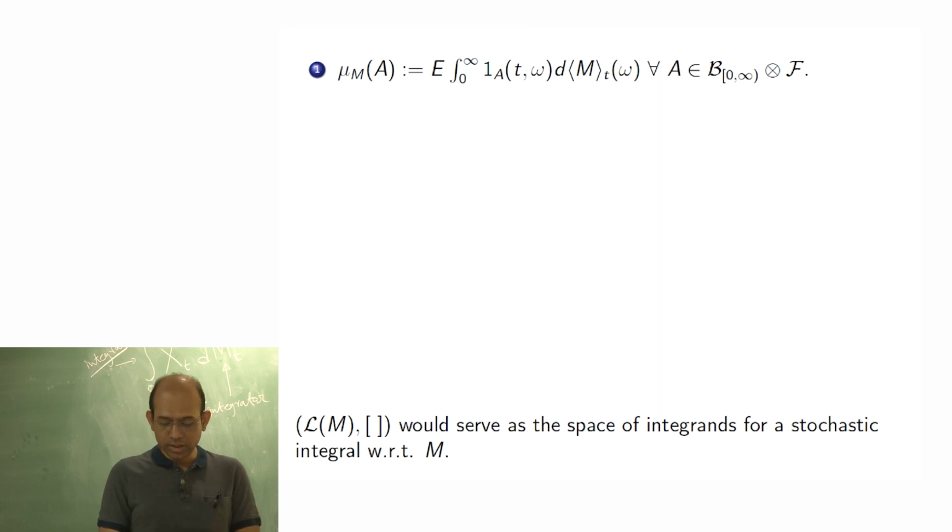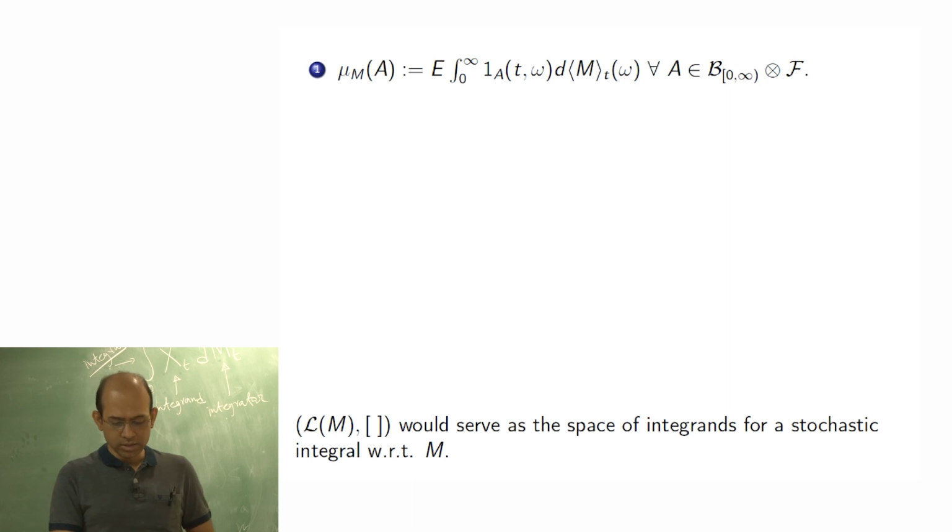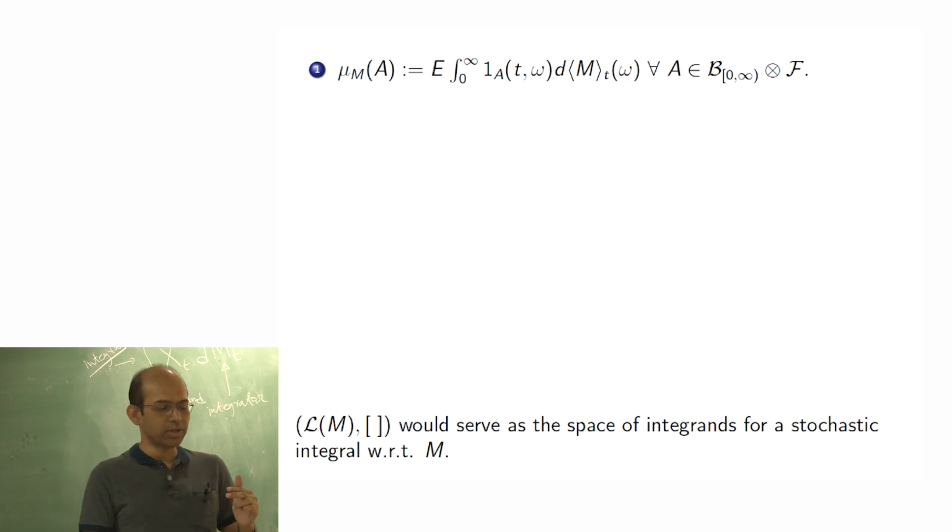I would fix omega first. If I fix omega, then d<M>_t is an increasing process, and for that fixed omega, the indicator of A is a function taking only the values 0 and 1. Since A is measurable, the omega section of A is also measurable.